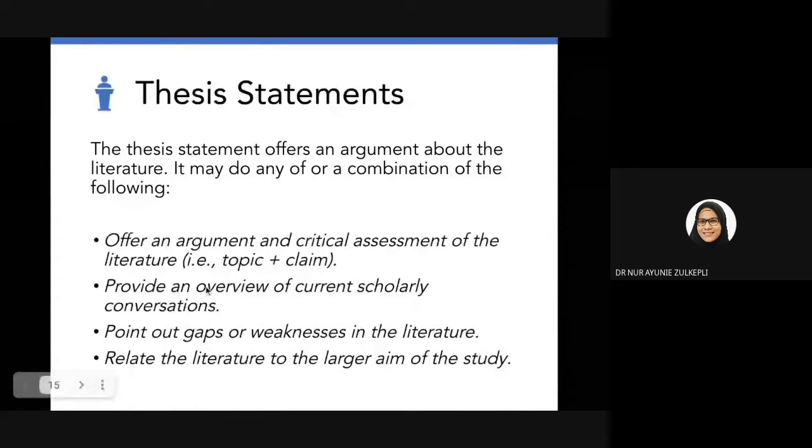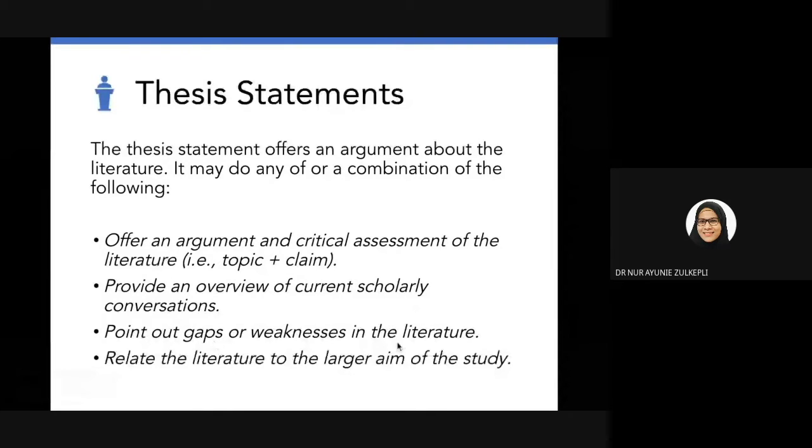Argument and critical assessment of the literature. For example, one topic and then one claim. So you want to discuss how they are interrelated with each other, and also provide an overview of the current scholarly conversation. And you can point out gaps or weaknesses in the literature, and relate the literature to the larger aim of the study.